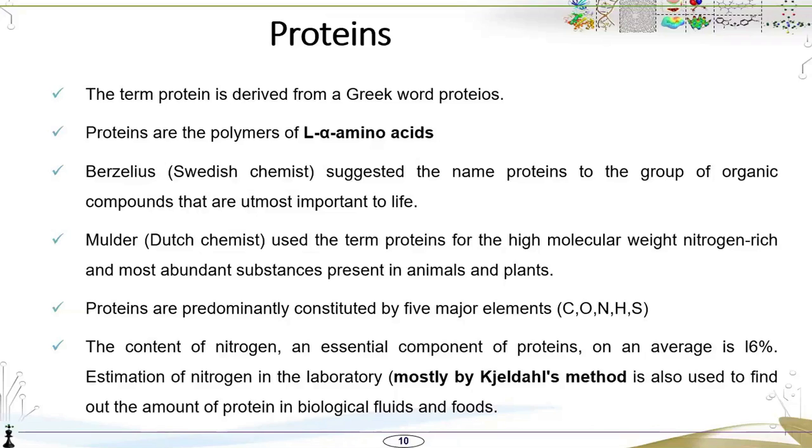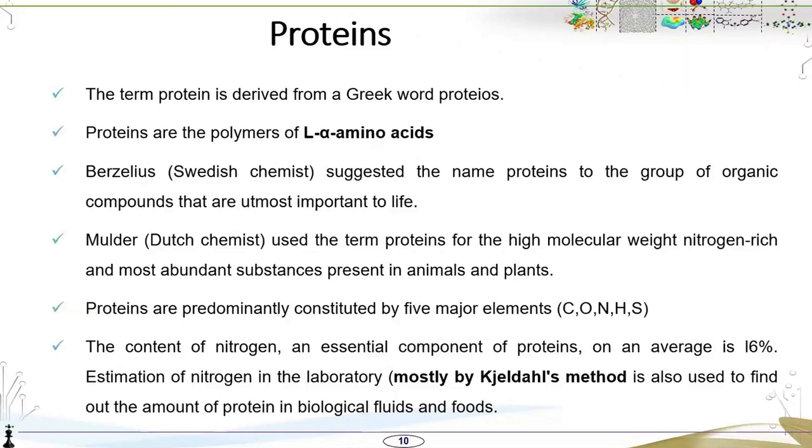Coming to Berzelius, a Swedish chemist, who suggested the name protein for the group of organic compounds that are of utmost importance to life. When I say important to life, it means proteins are very, very important organic molecules. Later we found that they are very important to the human body. Let's say bio molecules. So these are biomolecules, let's say proteins.